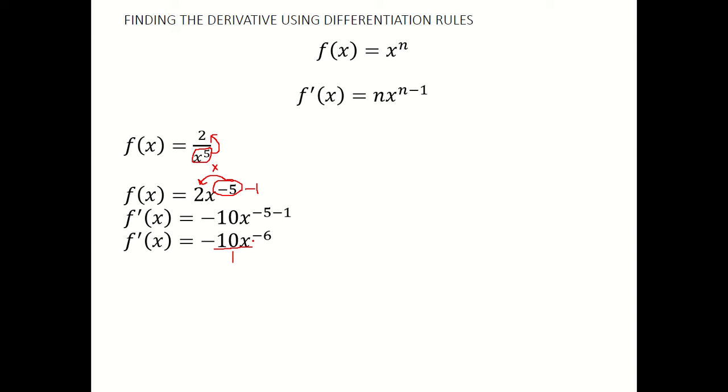So this x and the exponent move from the numerator to the denominator. That is the only way we can make sure that this negative 6 becomes positive. And remember I told you earlier that whenever a variable jumps the division sign, its exponent will change signs. If it was negative, it will be positive. If it was positive, it will be negative.